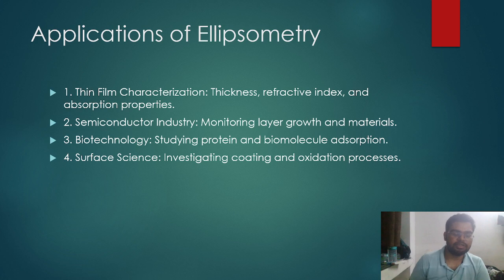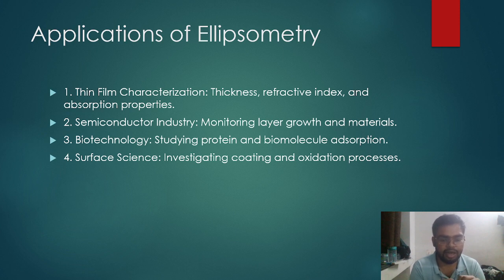So the main application of ellipsometry is thin film characterization: the thickness, refractive index, and absorption properties. It is mainly used to calculate the thickness of films which are very thin, usually in nanometers. Other uses are in semiconductor industries, monitoring layer growth and materials.